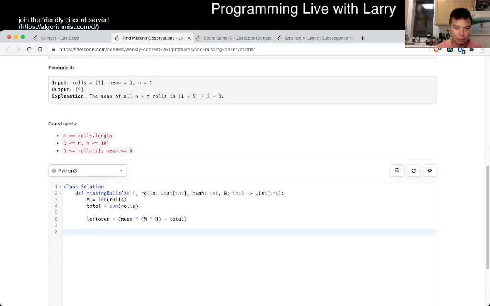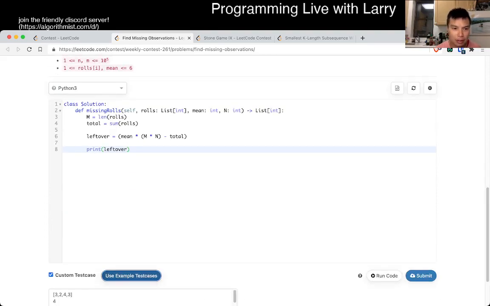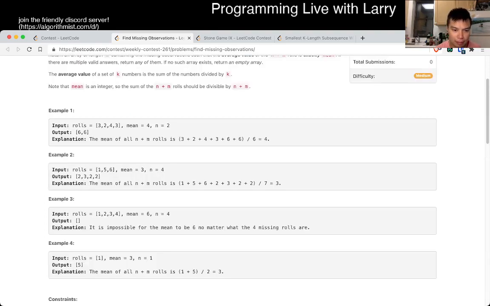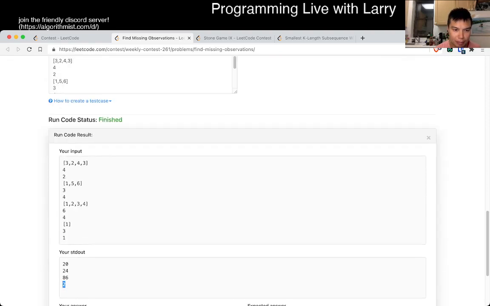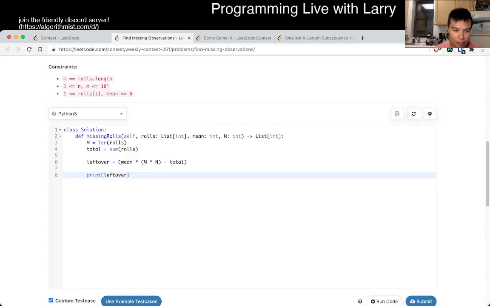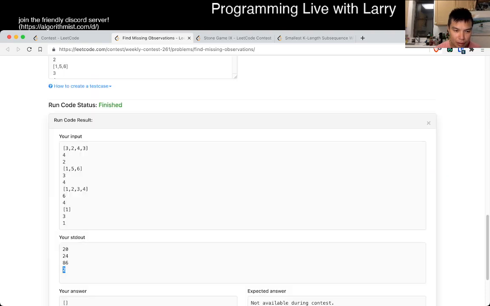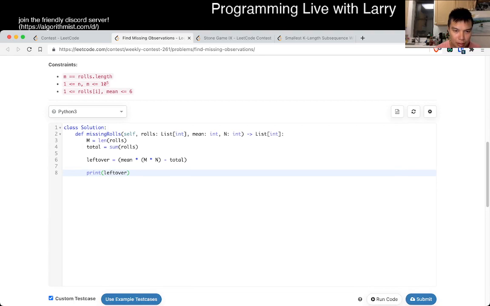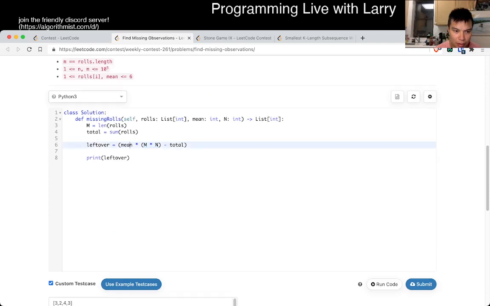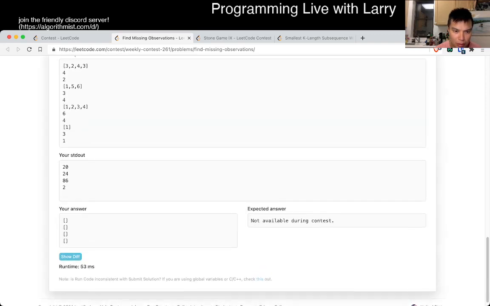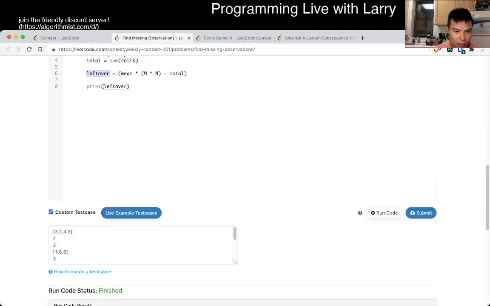Let's just print it real quick. This is 2, that's not right, right? The total is 6, so 6 minus total 1 should be 5. Why is this 2?